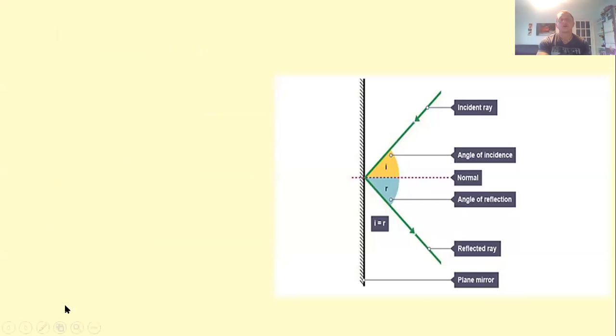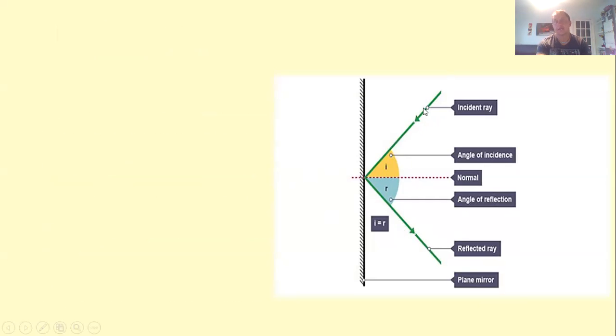So if we look at this diagram here, you will notice this green line. This shows a light ray, and you will notice on this line there are some arrowheads, and this shows the direction of travel of the light.